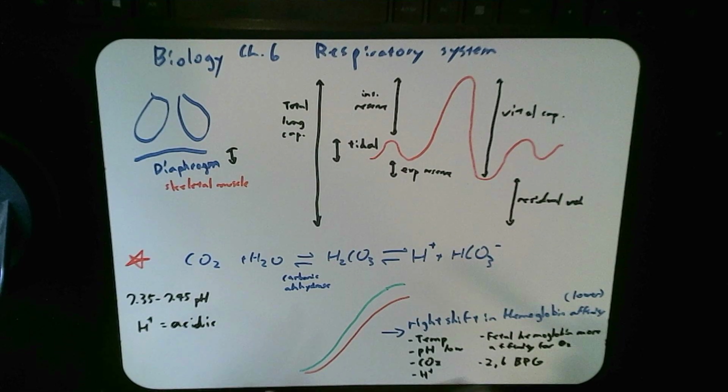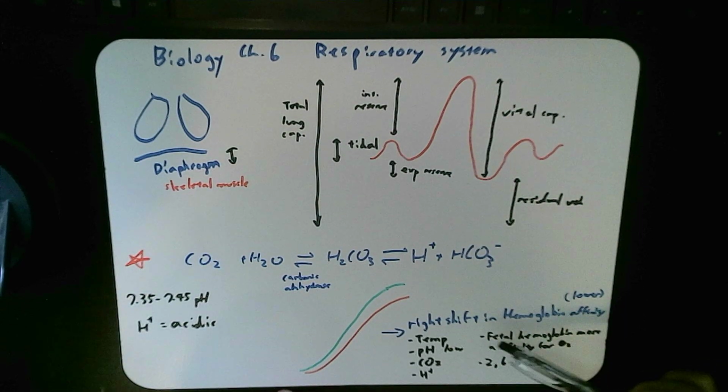It will cause the hemoglobin to decrease in affinity for oxygen, and thus promote the unloading of the oxygen. Now remember, we also have the cooperative binding of hemoglobin to oxygen. So if one subunit of the hemoglobin unloads the oxygen, then the other ones also lose their affinity, more and more. Also, we can think of it the other way around.